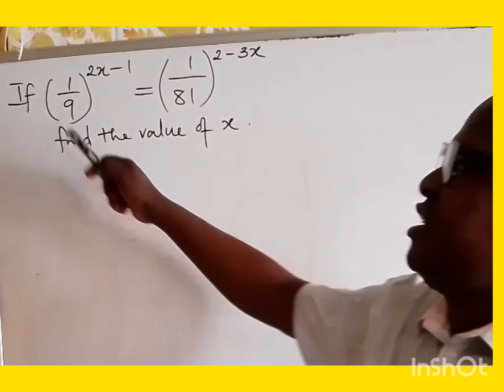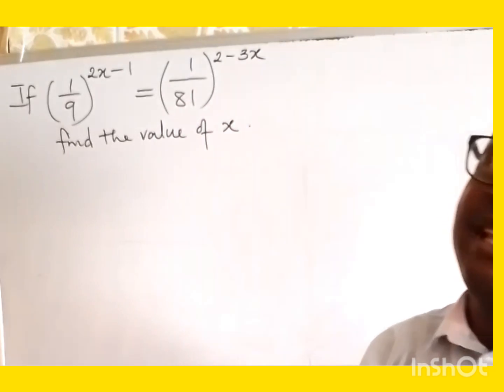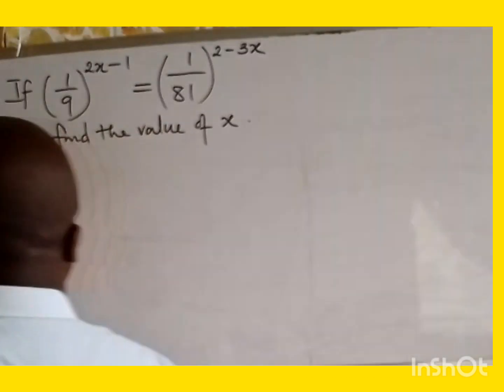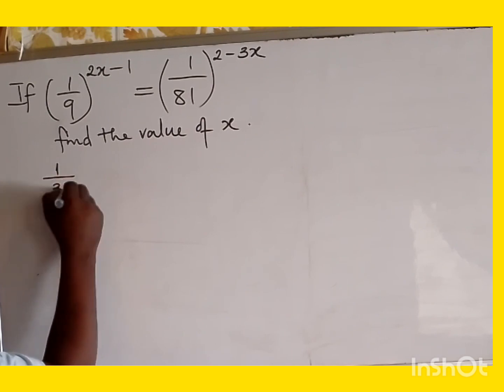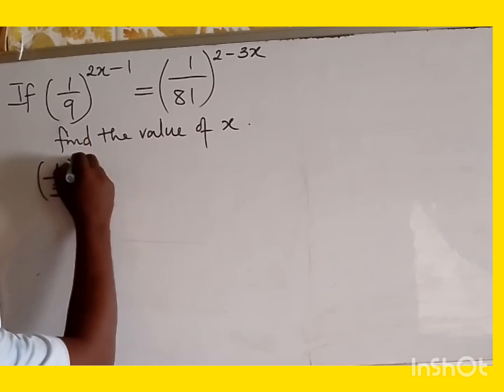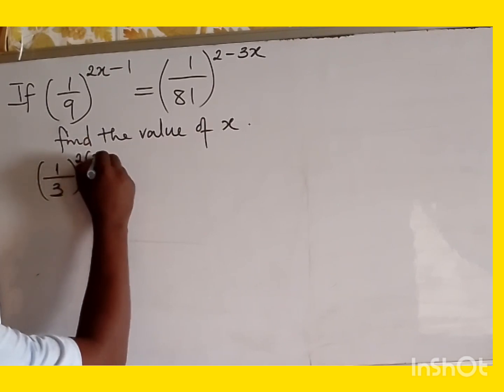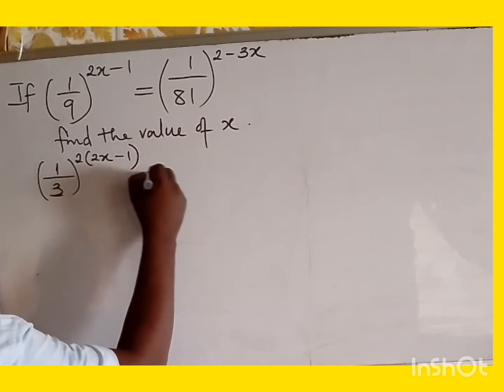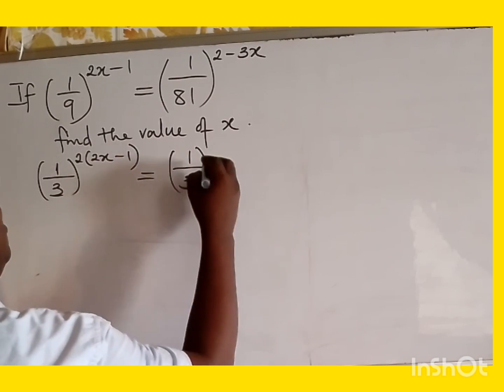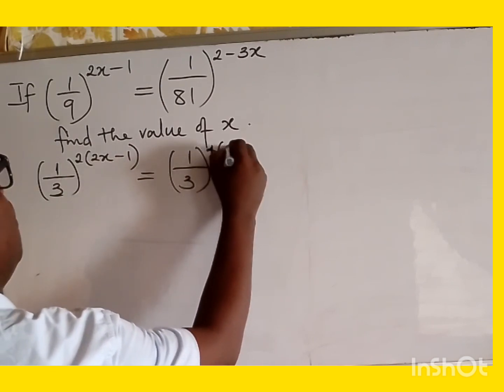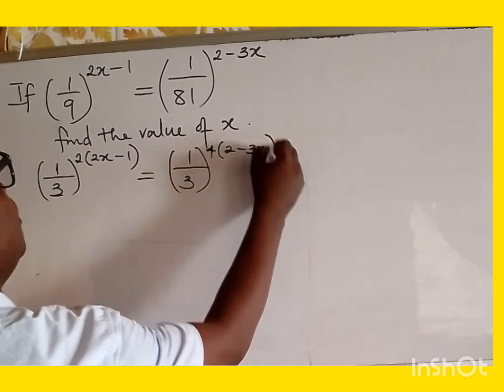So we are going to express 9 and 81 in terms of 3. If you do that, this will be 1 all over 3 raised to power 2 into 2x minus 1 is equal to 1 all over 3, and 81 is 3 raised to power 4, so you have 4, 2 raised to power 3x here too.